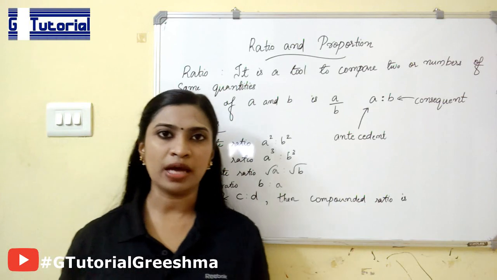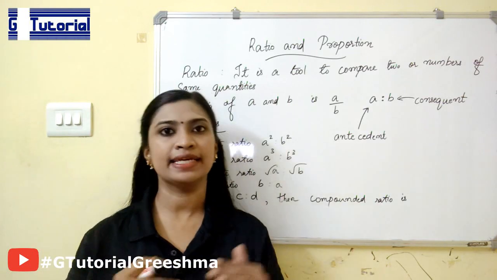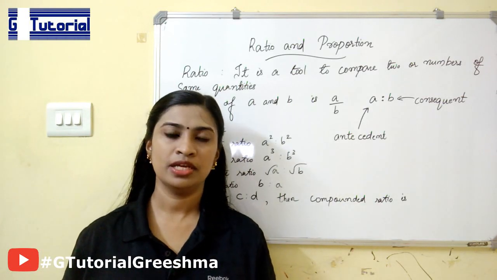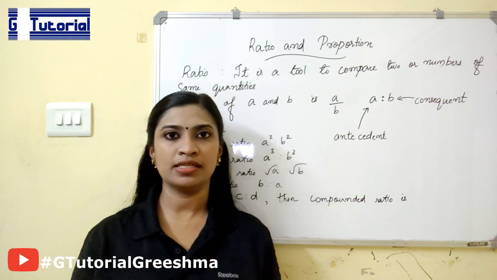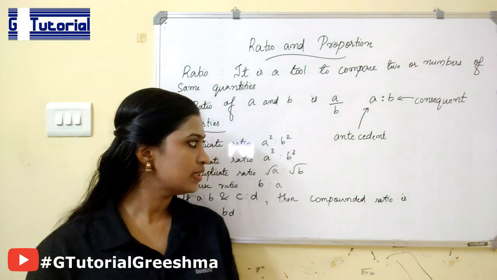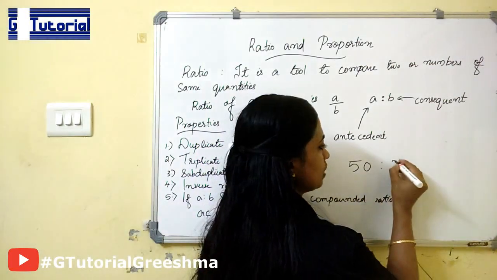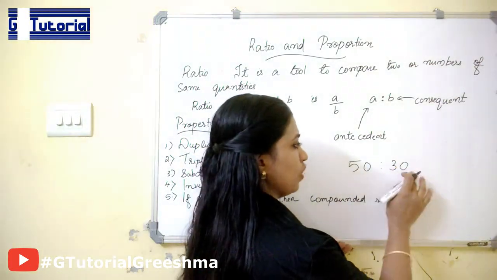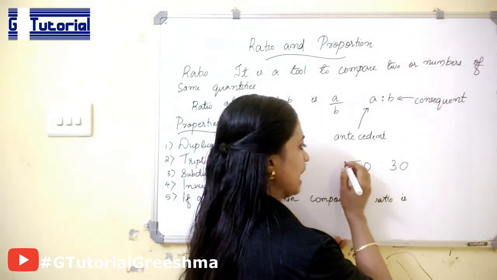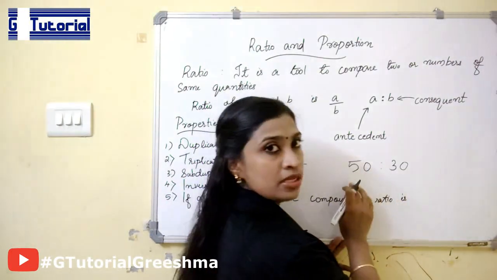Suppose we are comparing the number of boys and girls in the class. If there are 50 boys in a class and 30 girls in the class, then we can say that the ratio of boys and girls is 50:30, and we can cancel out same multiples from both the terms.